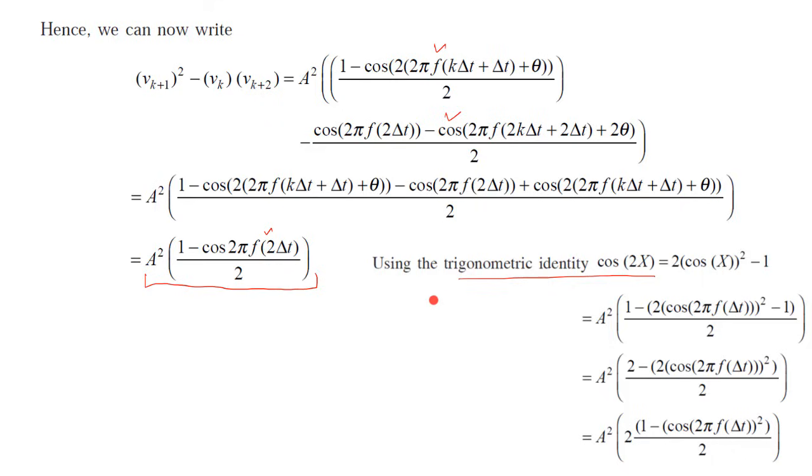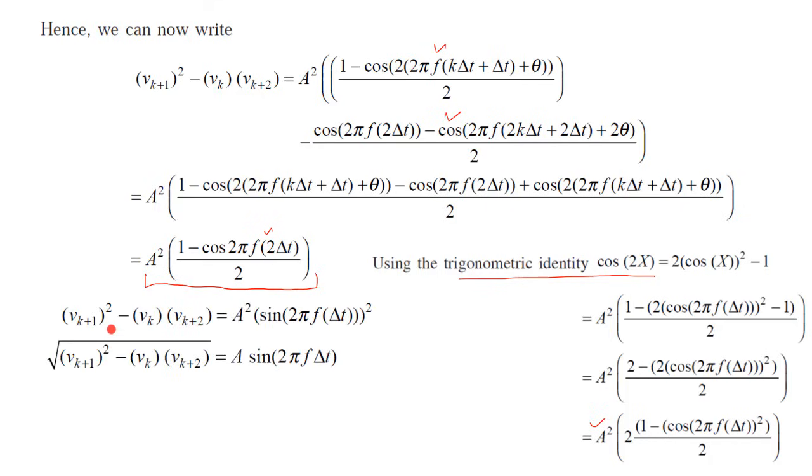So substituting here I will find that Vk plus 1 square minus Vk into Vk plus 2 will be equal to A square sine of 2 pi f delta t whole square, right?